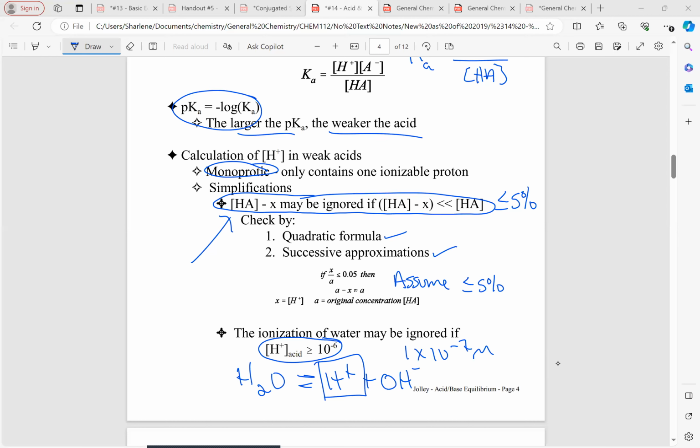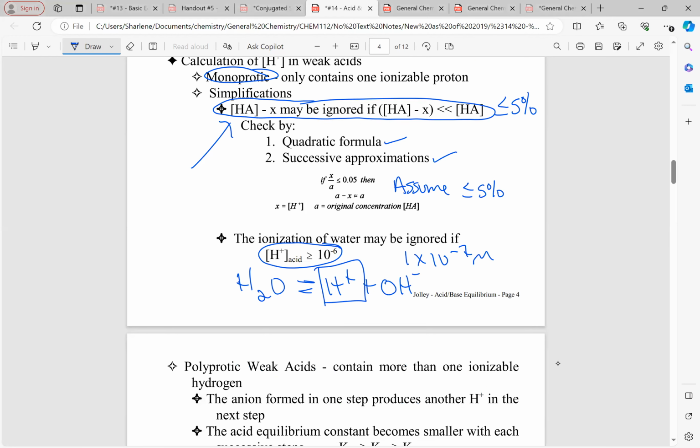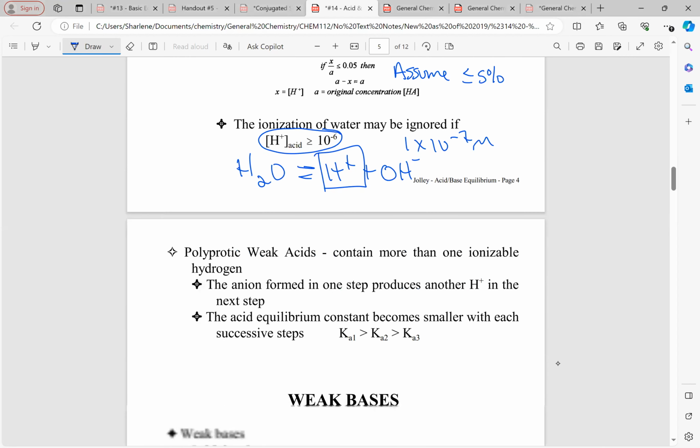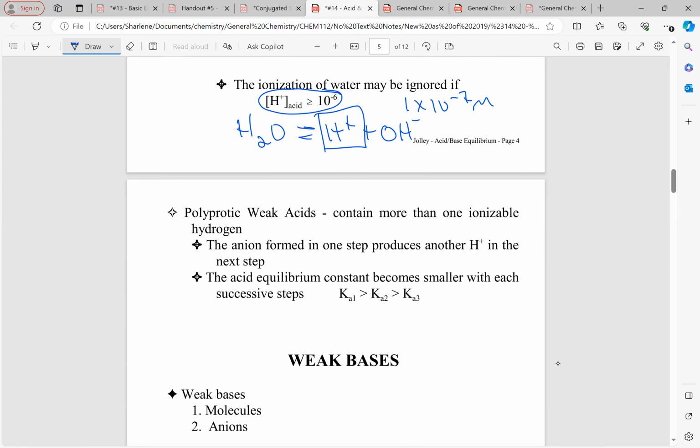Okay, let's try one more. And guess what? I have some down here for you. Just a note before we go on, everything that we have been using is called monoprotic. And so if you look at your reference sheet, monoprotics only have one Ka value. If there is more than one proton that can ionize, those are called polyprotic, and then you would be given successive Ka values.